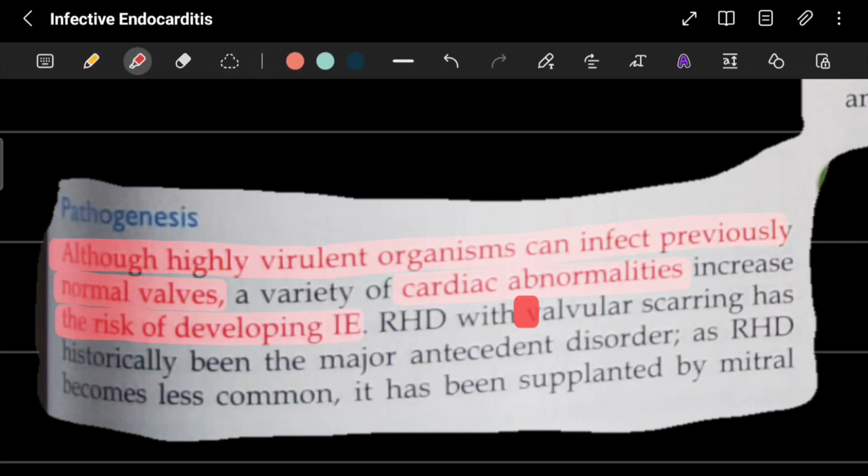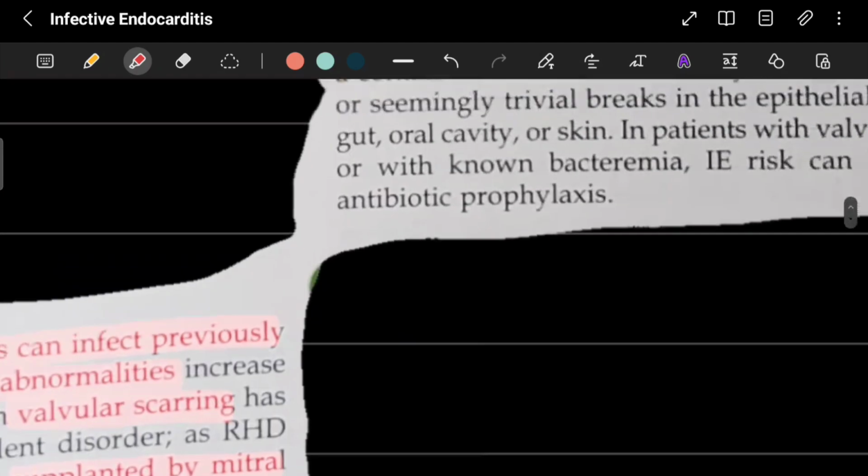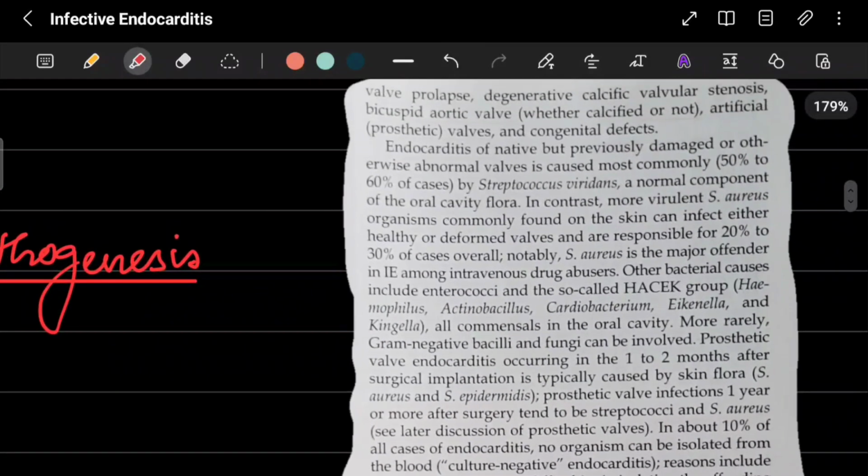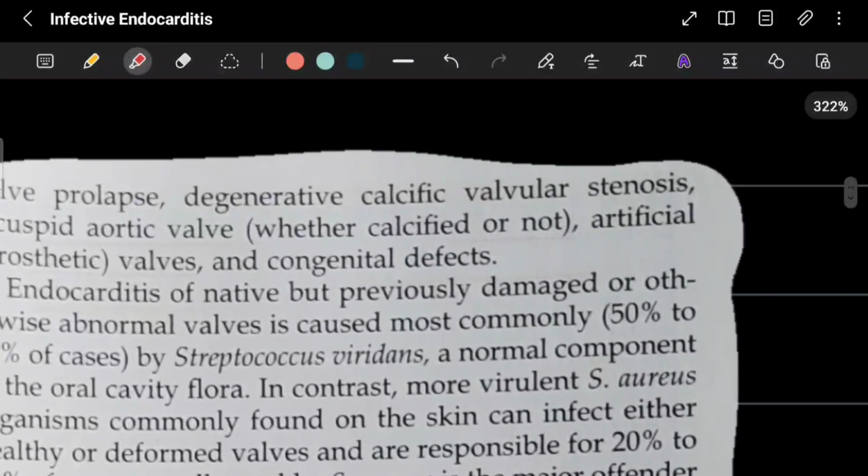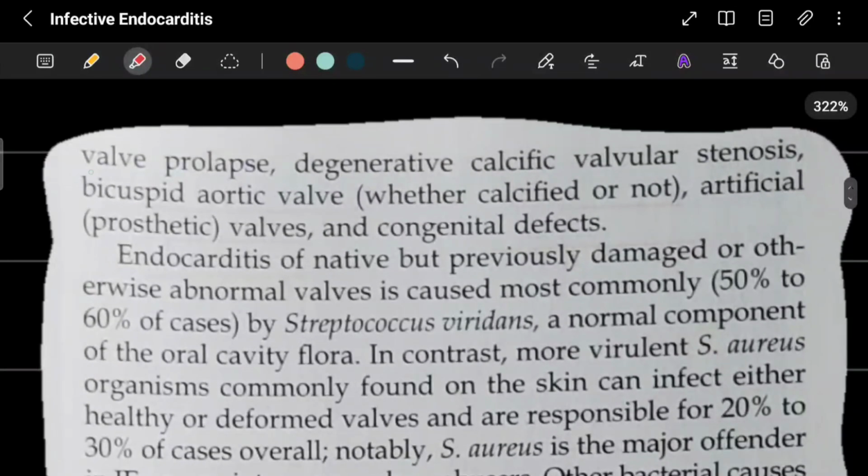Rheumatic heart disease with valvular scarring has historically been the major antecedent disorder. As rheumatic heart disease becomes less common, it has been supplanted by mitral valve prolapse, degenerative calcific valvular stenosis, or bicuspid aortic valve, whether calcified or not, artificial valves, and congenital defects.